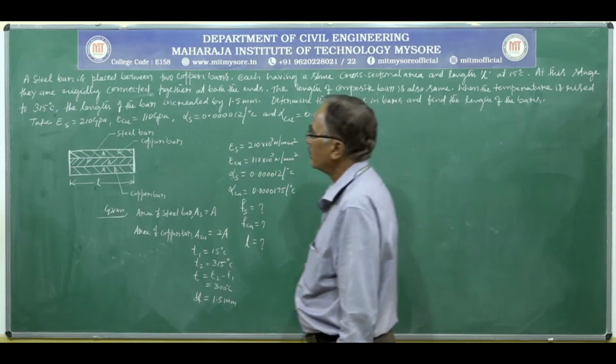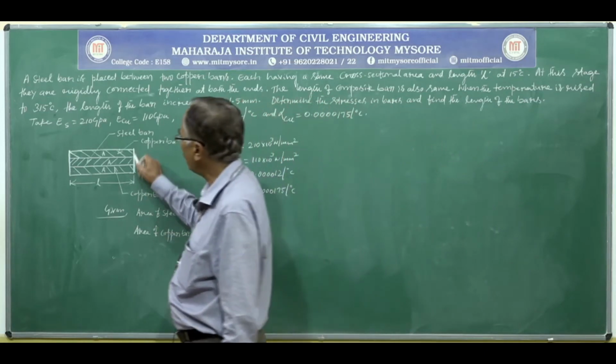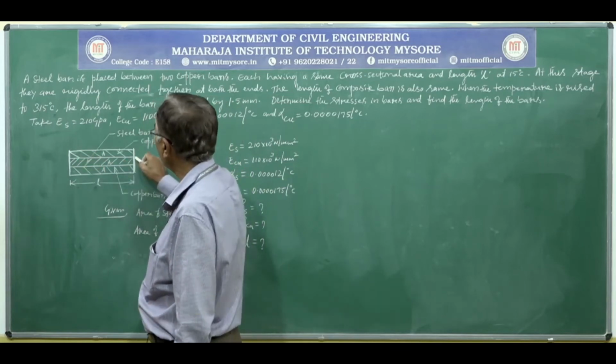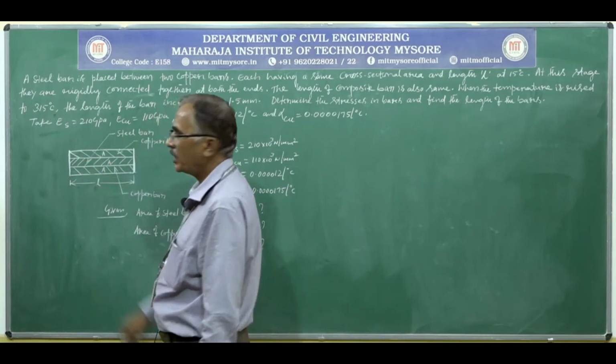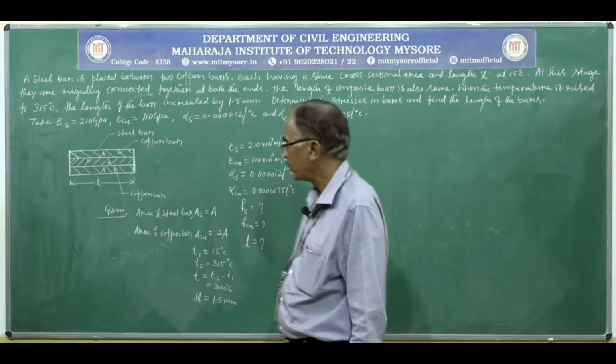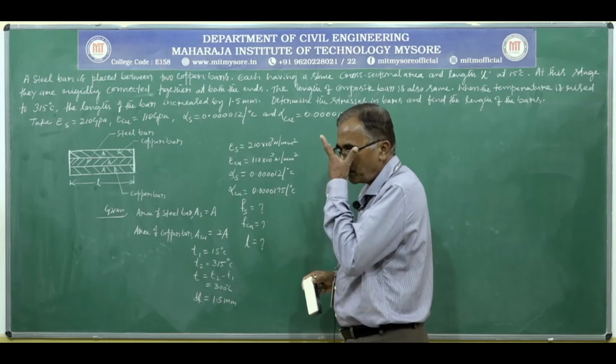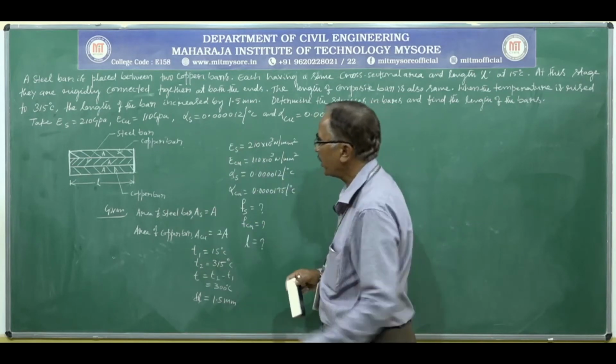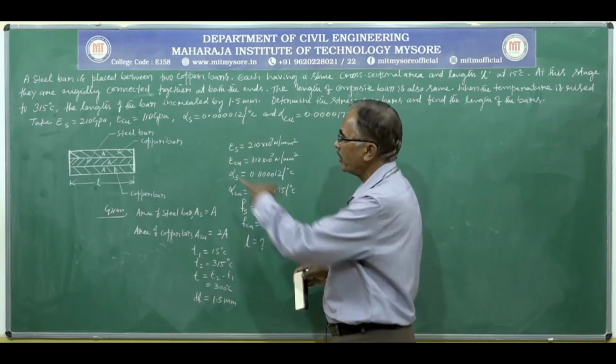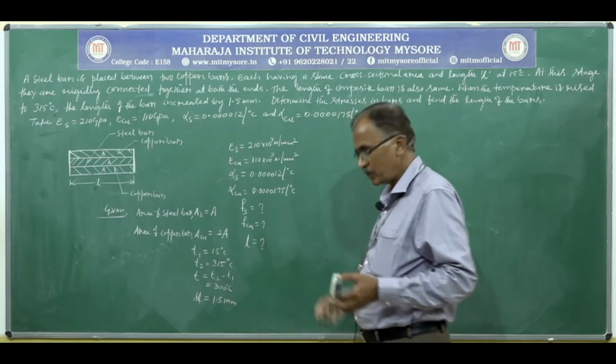As the materials are rigidly fastened by means of the plates, the change in length, if at all it takes place, will be the same in both copper and steel. By considering any one material, we can easily find out the length of the composite bar.